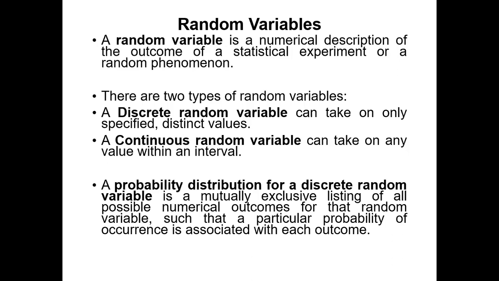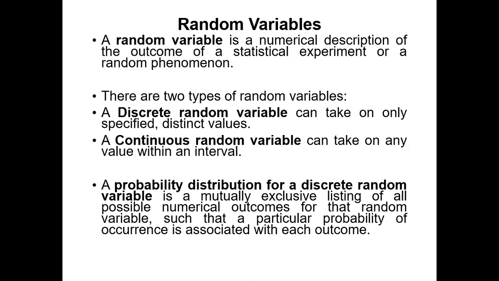Now let's note that there are two types of random variables. The first type is the discrete random variable. The second type is the continuous random variable. A discrete random variable can take on only specific distinct values.